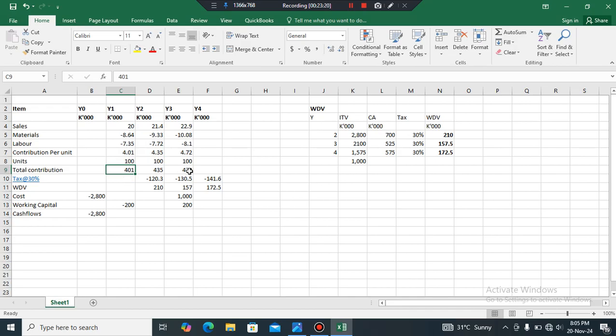Okay, so we're starting from the total contribution. So this minus this is obviously going to give us 201. So 401, we deduct that 200, which is going to give us 201.